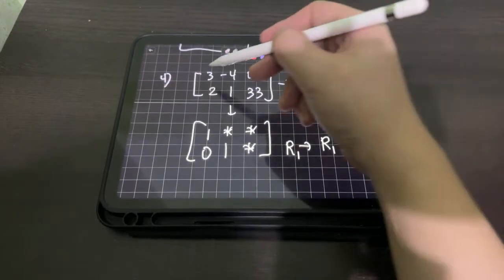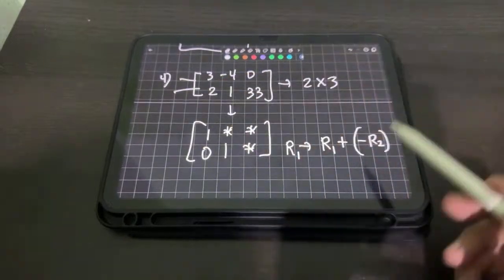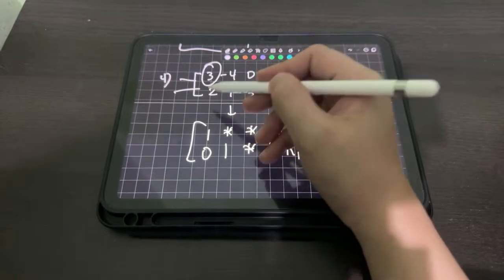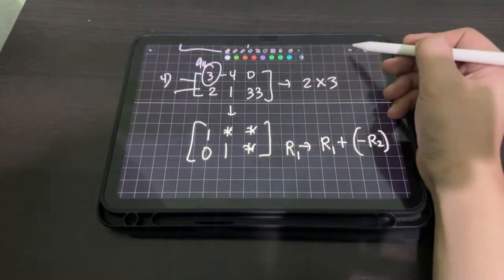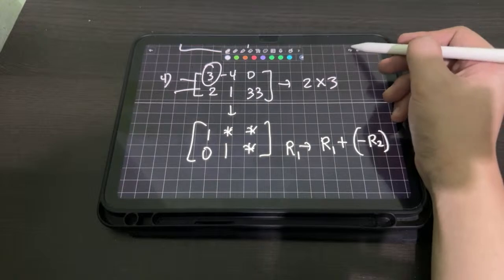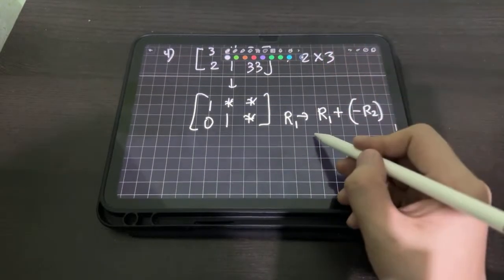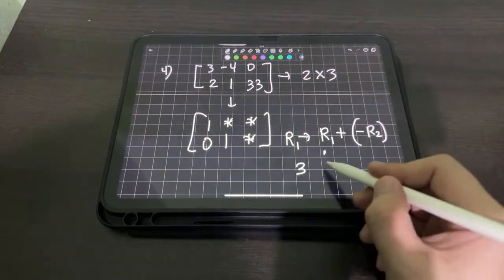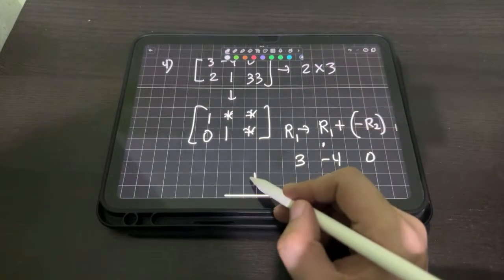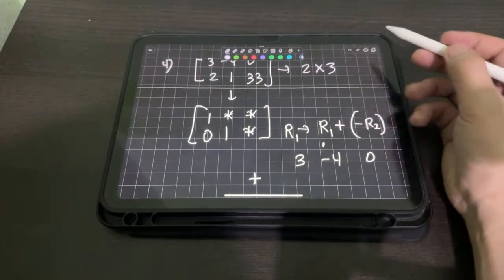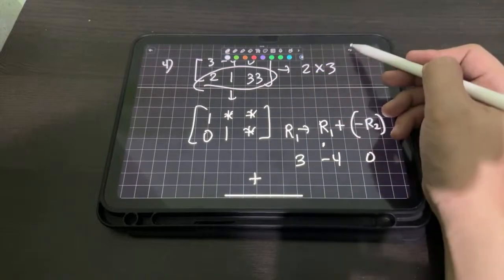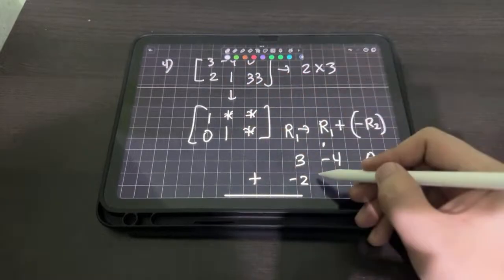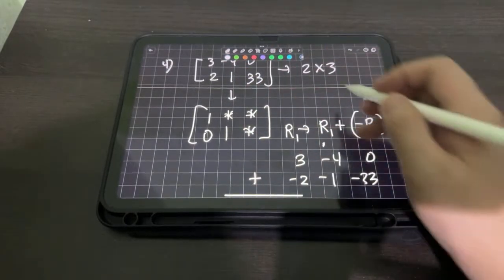Or we simply subtract the entries in R1 minus the entries in R2 to create 1 here in the A11 entry. So we have the entries in R1, 3, negative 4, 0, plus the negative of the entries in R2. You just multiply each entry by negative 1, so this becomes negative 2, negative 1, and negative 33.